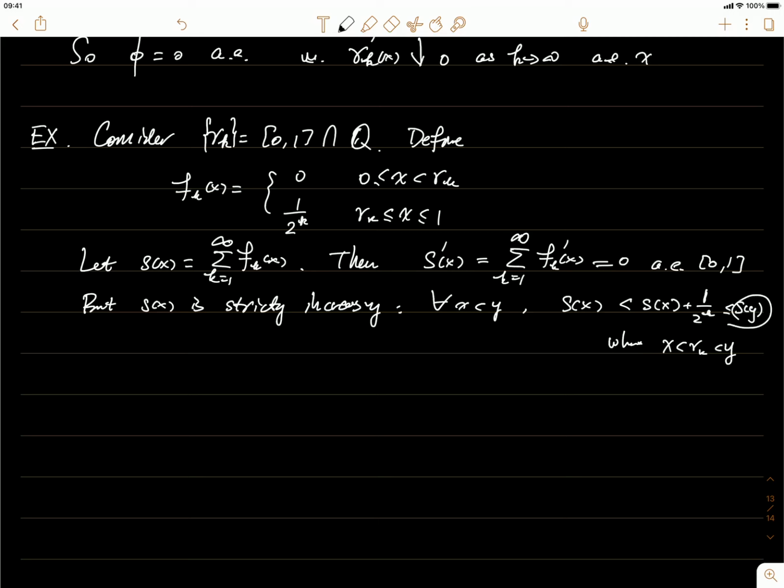So that means S(y) is strictly greater than S(x). So S is strictly increasing, but the derivative exists and is equal to 0 almost everywhere. Okay, so that's an interesting example.